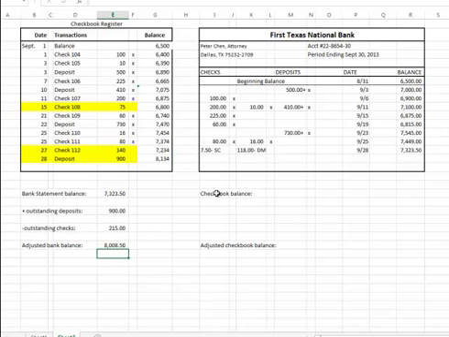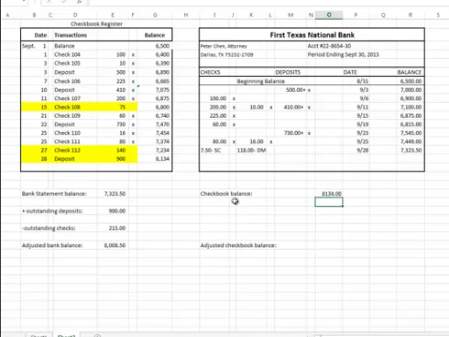Okay, the next thing I do is I start with the amount in my checkbook. I start with my balance in the checkbook register. So here's my checkbook register, and I'm showing $8,134. $8,134 is what my balance is.